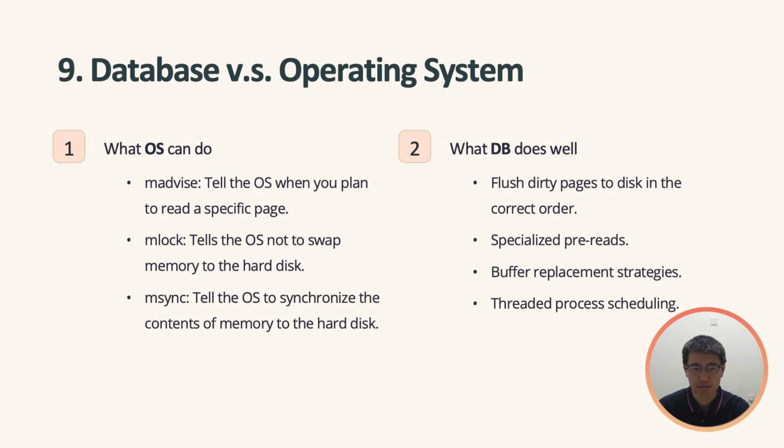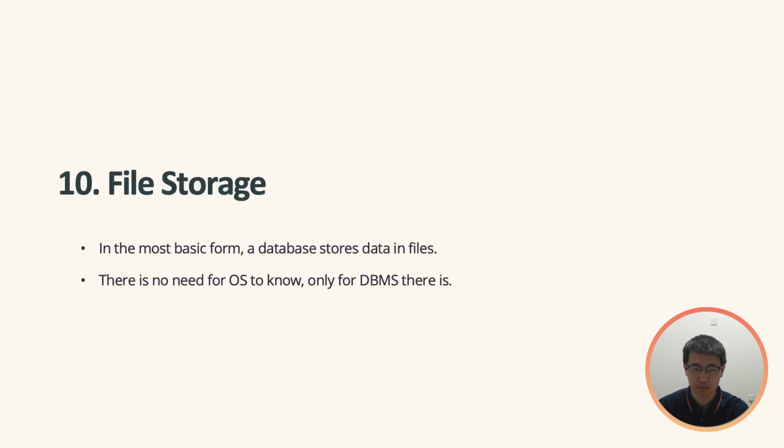However, databases are actually better at it. They are better at things like flushing pages to the hard disk in the correct order or doing some specialized prefetching. Their buffer replacement strategies, like LRU, are very good at what they do.